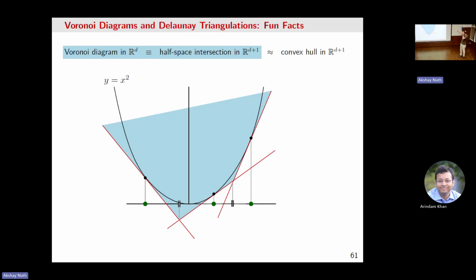So if you can compute the intersection of half spaces in d plus 1 dimensions, you can also compute Voronoi diagrams in d dimensions, and then also Delaunay triangulations in d dimensions. So in d plus 1 dimensions, what is it like? In this case, y equals x squared. In d plus 1 dimensions, you take z equals x squared plus y squared.